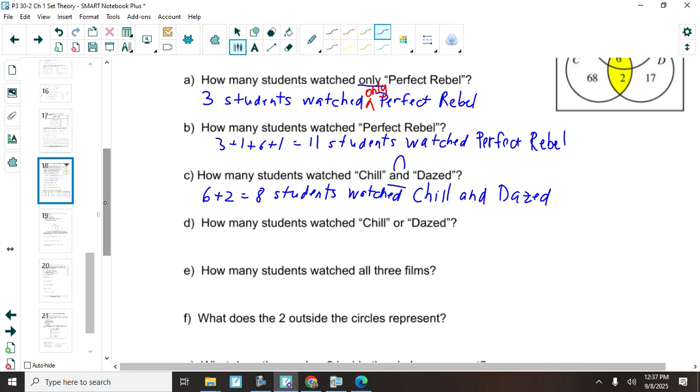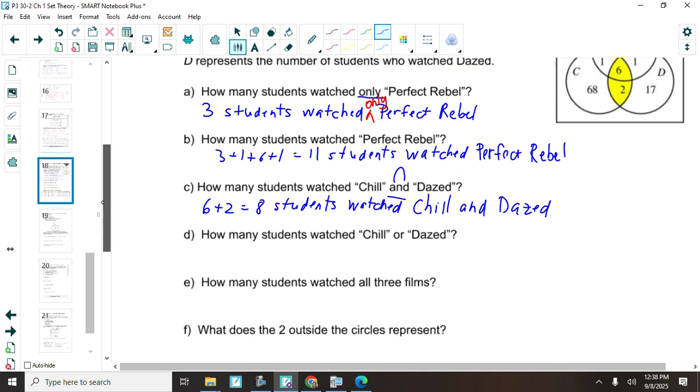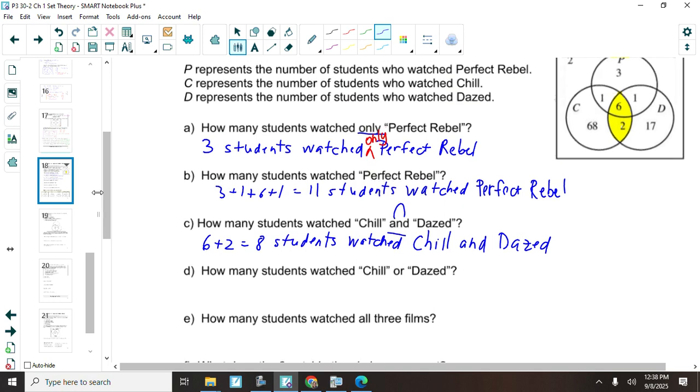How many students watched Chill or Dazed? Remember the word or? That's our union, that's our snowman. So you can think to yourself, snowman. What does he look like here though? If we're looking for Chill or Dazed, we're just going to draw it around the Chill or Dazed.